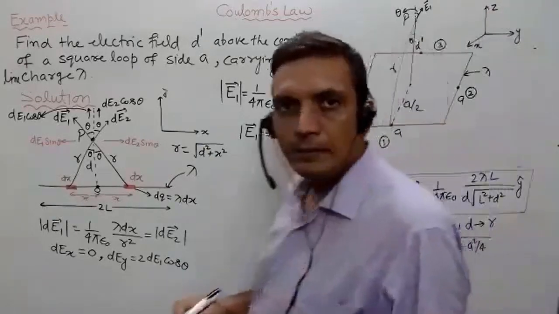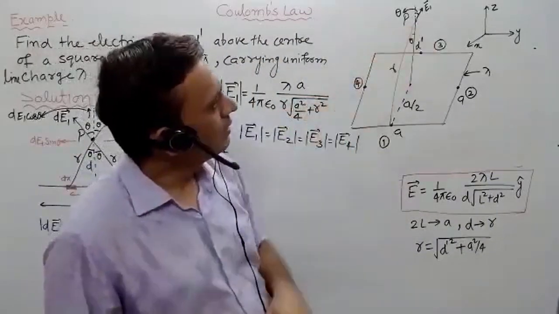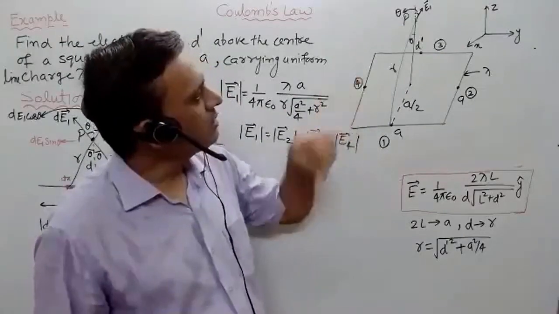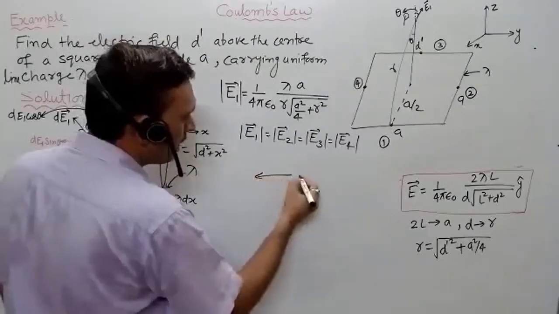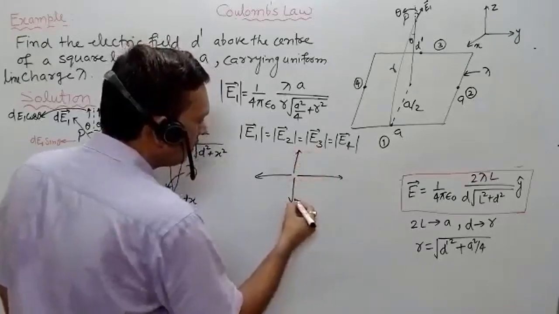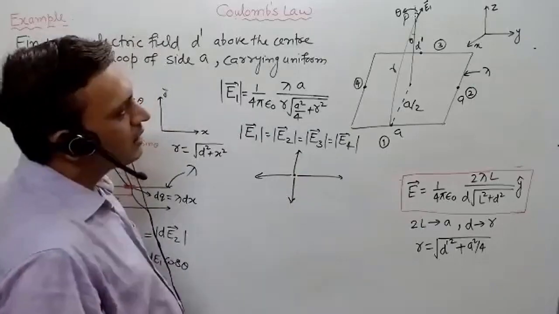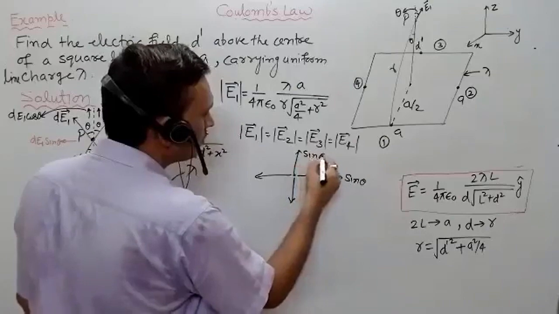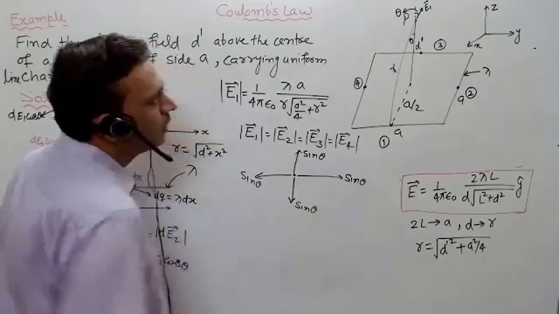So in the XY plane, you will get the component sine theta. And corresponding to each sine theta component, for example, you have 4 components. This direction, this direction, this direction, and this direction. This is in the XY plane, and these are the sine theta components. E1, E2, E3, E4, they are the sine theta components.